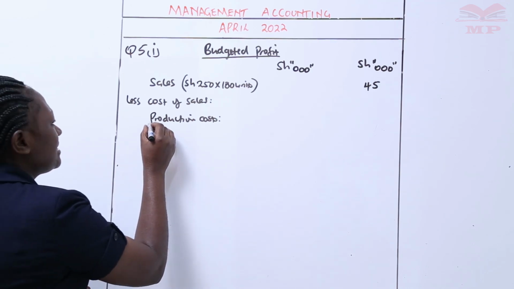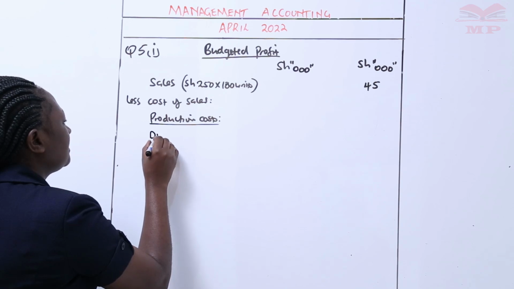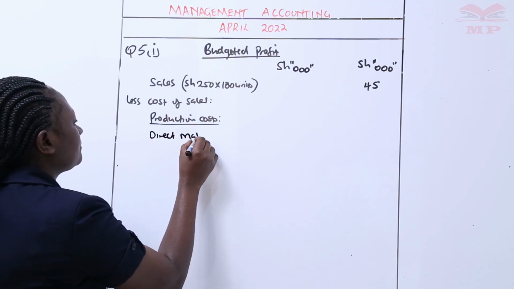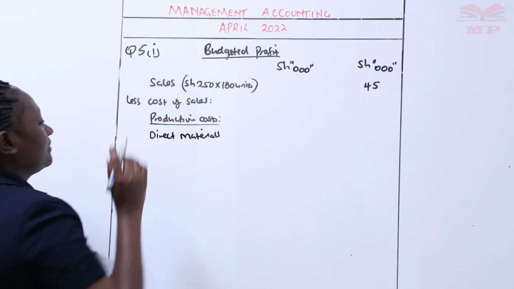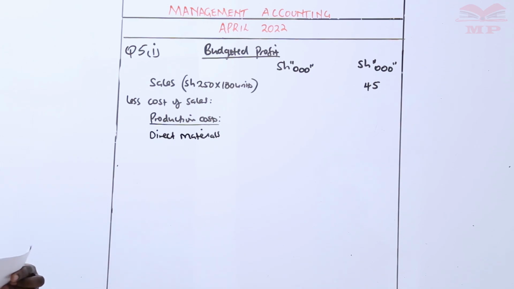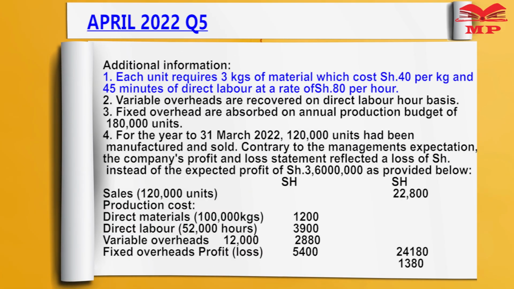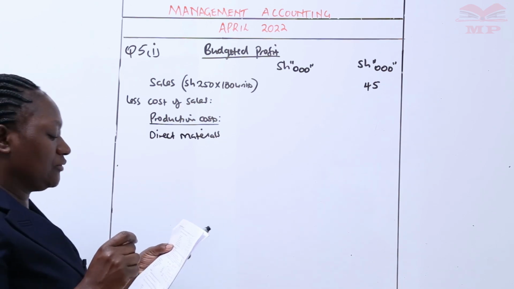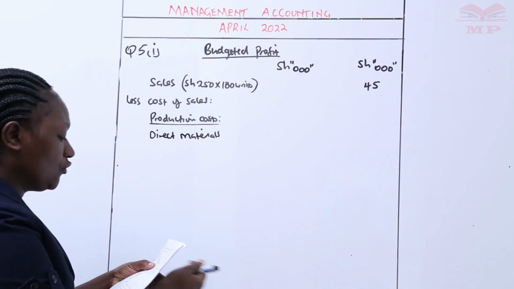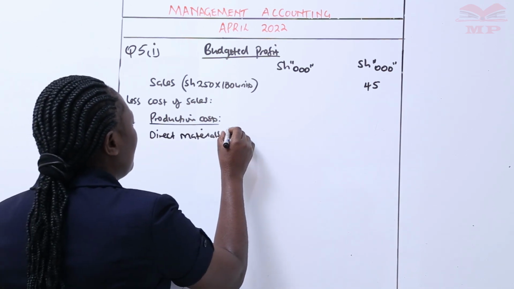In this case, we will have direct materials. In note number 1, we are told that each unit requires 3 kilograms of material which costs 40 shillings per kilogram, and 180,000 units were produced. So how do you calculate the amount for materials?